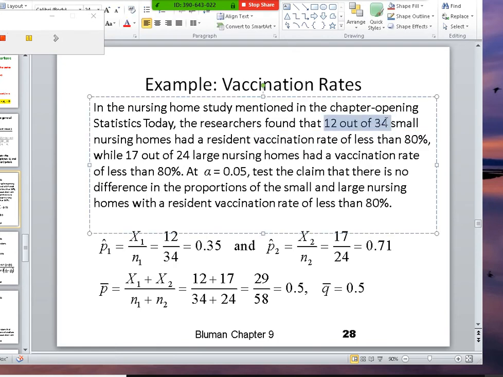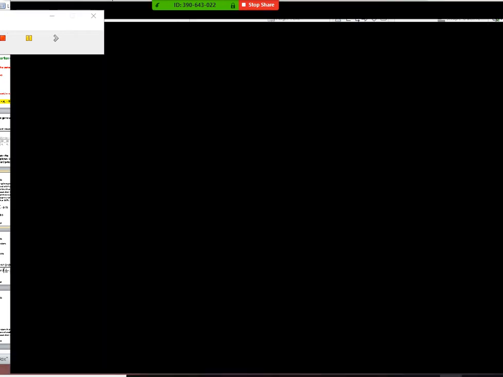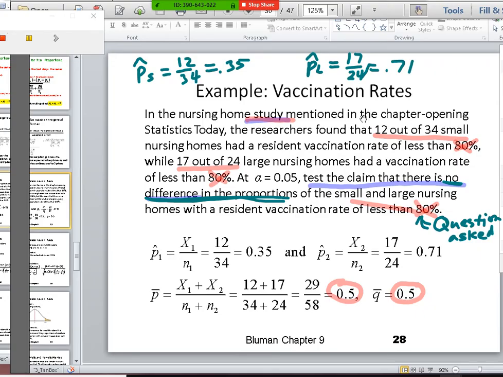And also, we have a fraction here. So those are our ways of knowing that it's a proportion, right? So don't look at these 80%. Those are the question that was asked. The proportion is really these guys here. We've got two. So this is a study. So this is my p-hat. In the study, we found this.